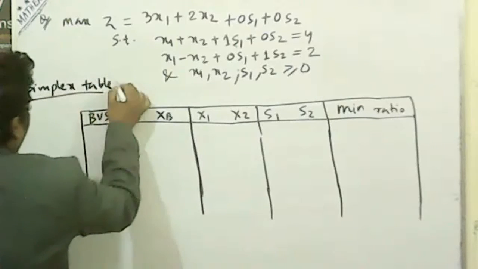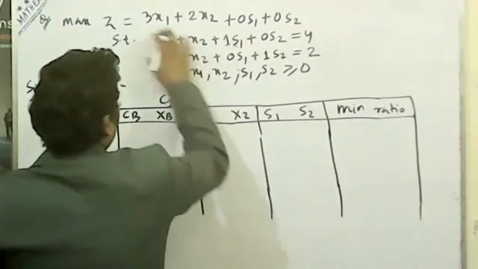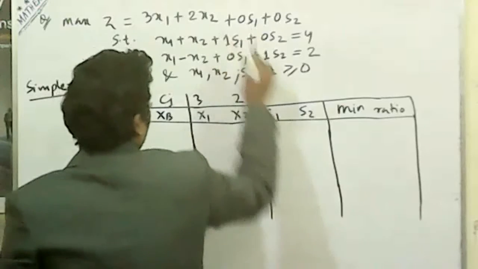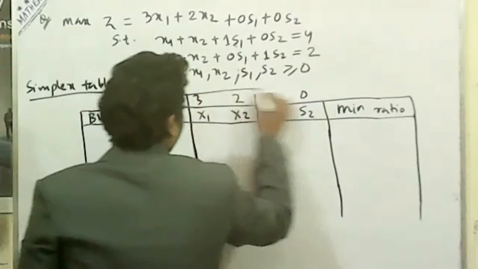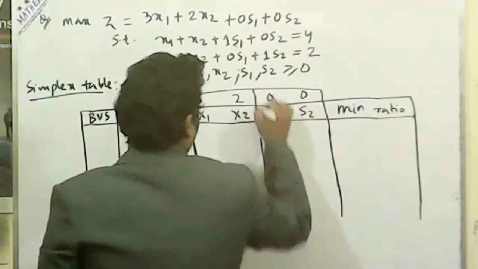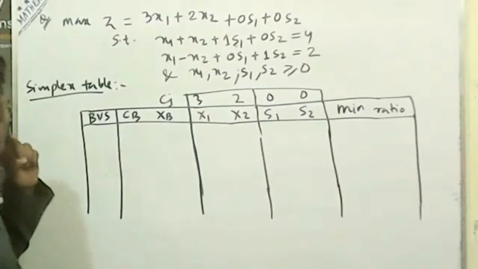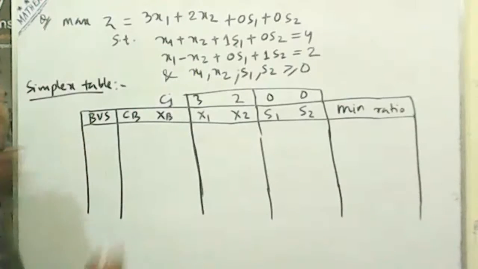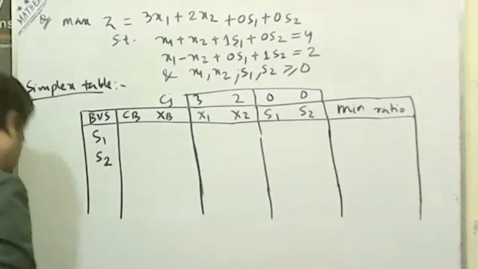Simplex table. Here Cj, the cost values, are 3, 2, 0, 0. The basic variables are slack variable 1 and slack variable 2.